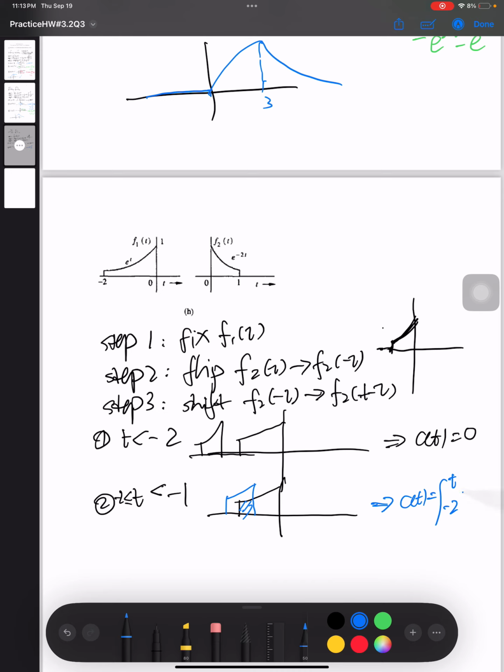So it's e to the tau times e to the minus 2(t minus tau) d tau, and eventually it's calculated as 1/3 (e to the t minus e to the minus 2t minus 6).